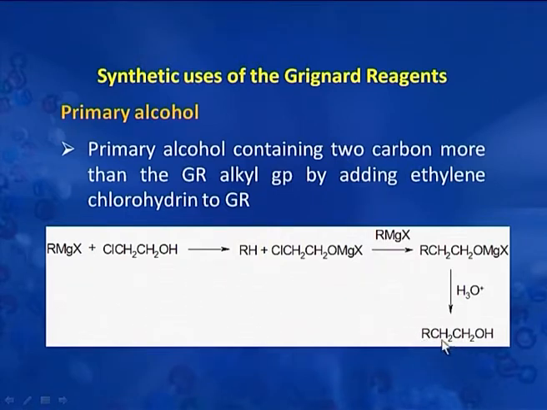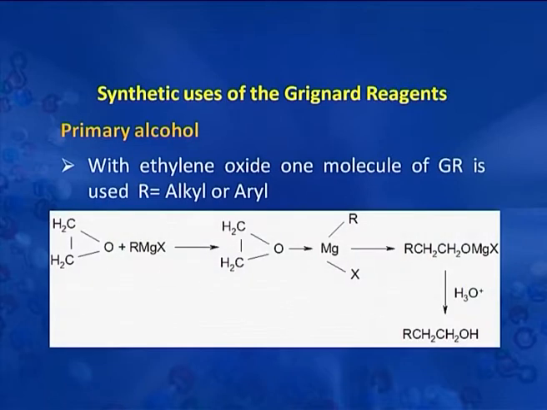This primary alcohol has two carbons more than the original organometallic reagent. With ethylene oxide, one molecule of Grignard reagent is used to prepare primary alcohol. In this organomagnesium halide, R may be either an alkyl or aryl group.